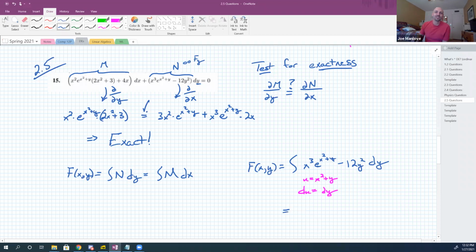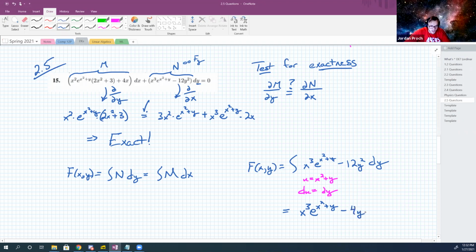So this integral is going to equal x cubed e to the x squared plus y. Integral of e to the stuff is just e to the stuff. And then I got minus, what do you get out of the 12y squared? 4y cubed. Very nice.